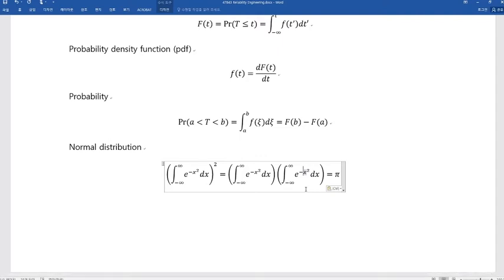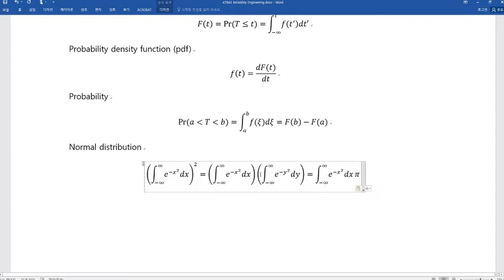And instead of using x squared, if we change this to y squared and y, the result will be the same.